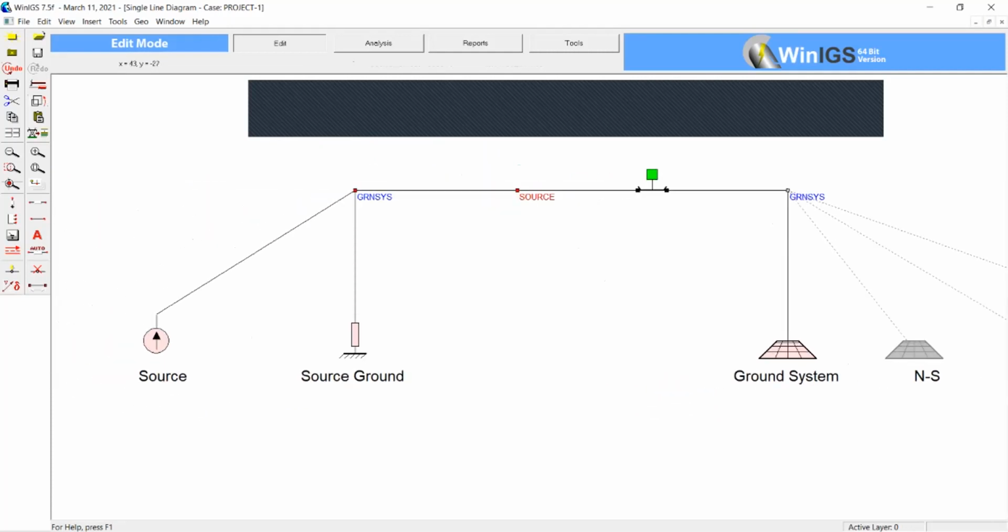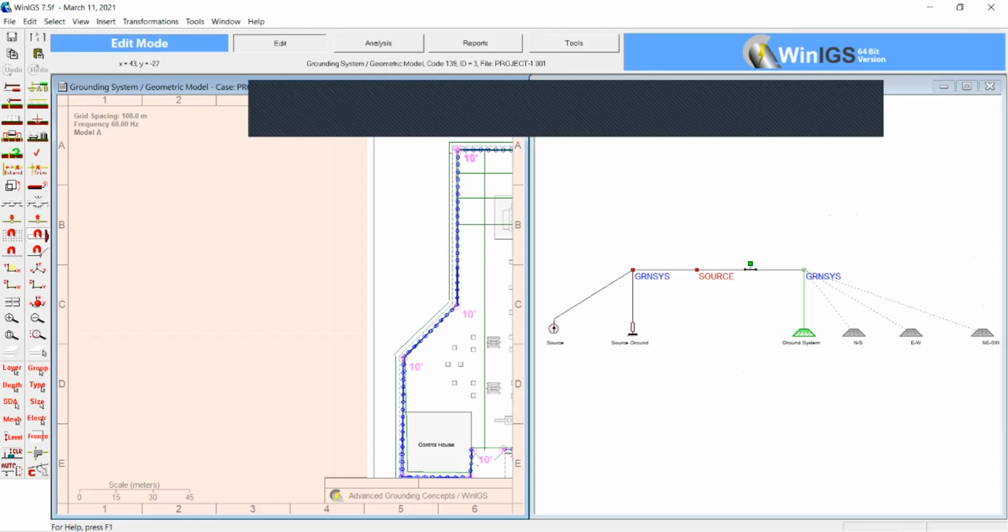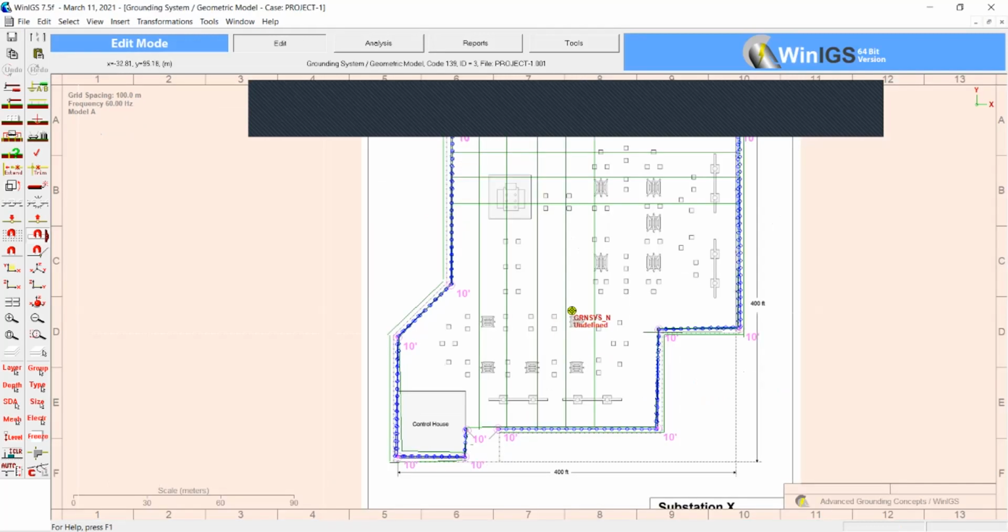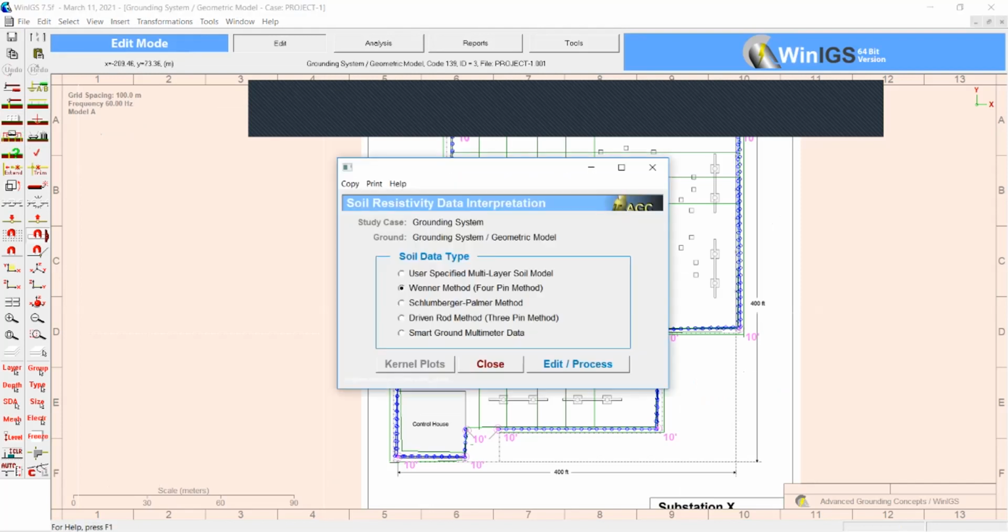So you click on this ground grid and go there. See the button soil data interpretation, click on it. Now instead of the Wenner method, you will click on this user specified multi-layer soil model. Everyone select this one.